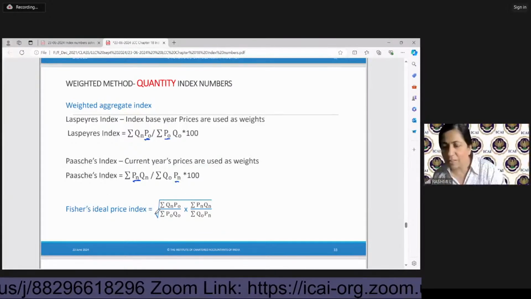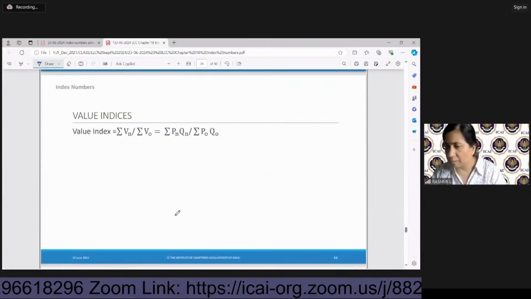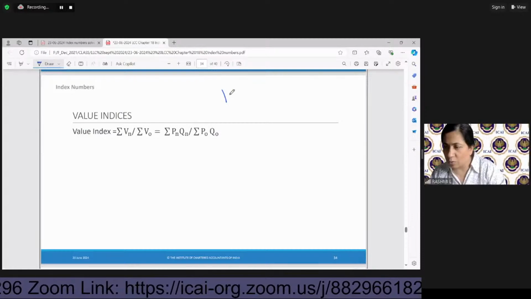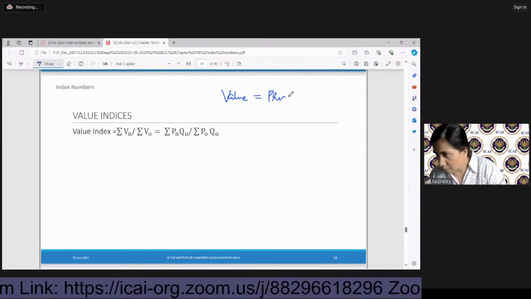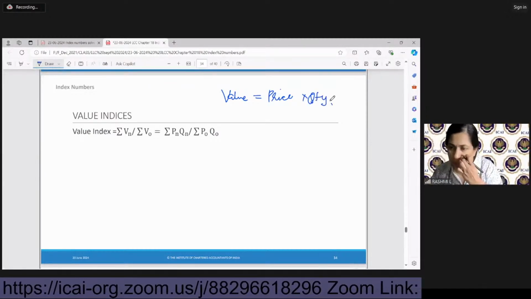And similarly, for Fisher we will have the same formula. And value index will be nothing but price into quantity. So value is equal to price into quantity. Okay, so we can compare them.